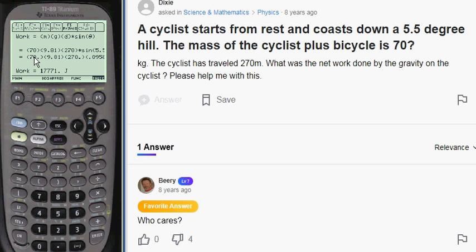You got 70 for mass, 9.81 for gravity, 270 meters for distance, and then the 0.8958 for the sine of 5.5 degrees. That's the opposite side value, okay? Work is 17,771 joules. Pretty neat, huh?